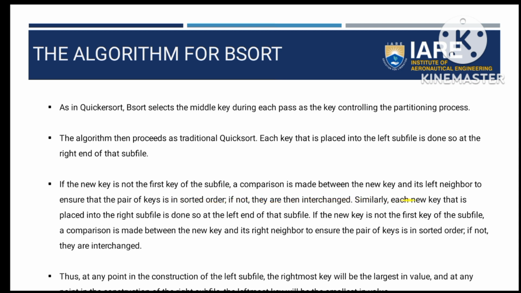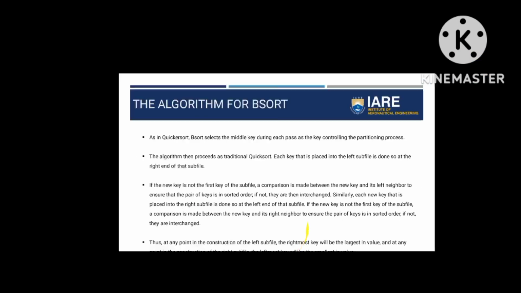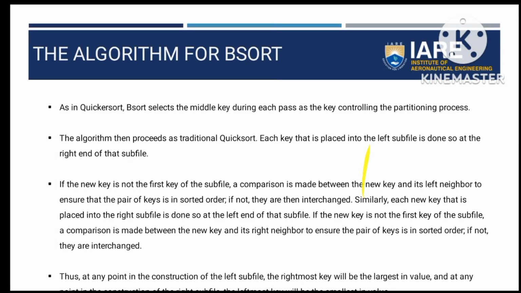Similarly, each new key placed in the right subfile is done at the left end of the subfile. If the new key is not the first key of the subfile, a comparison is made between the new key and its right neighbor to ensure the pair of keys is in sorted order. If not, they are interchanged. Thus, at any point in the subfile, the rightmost key is largest in value.